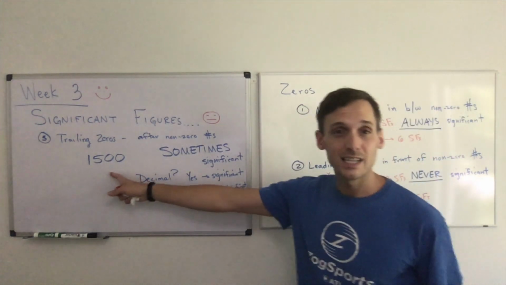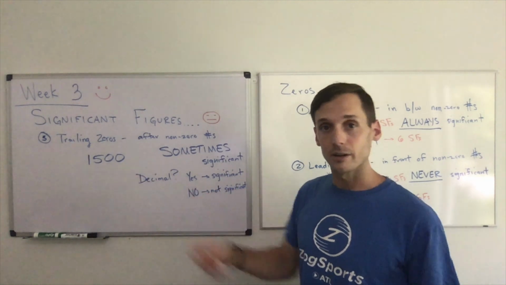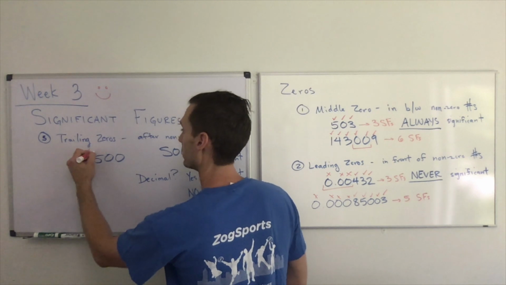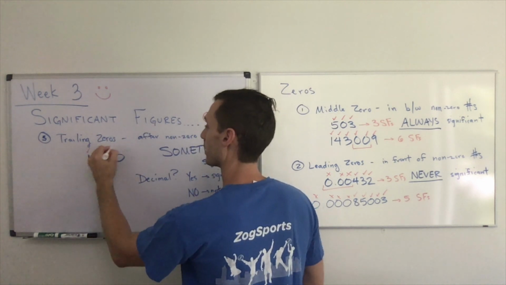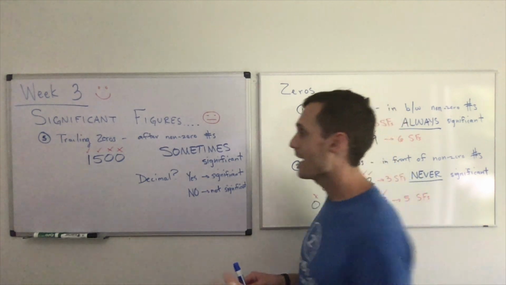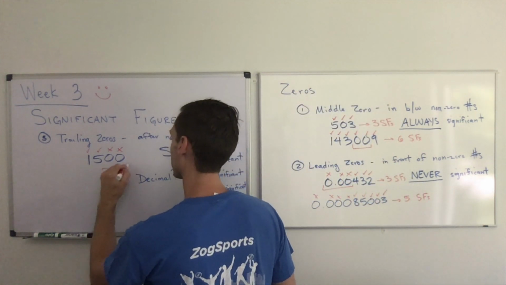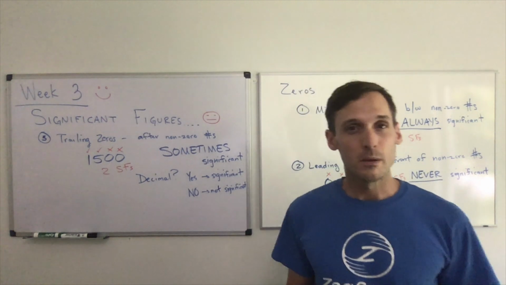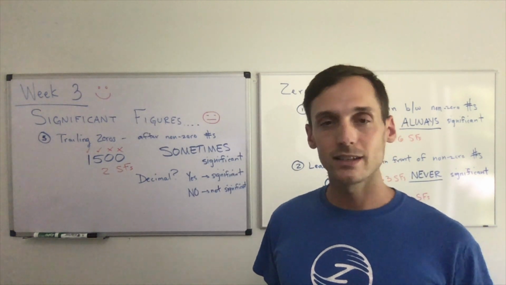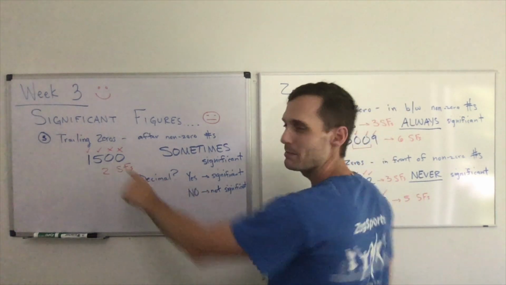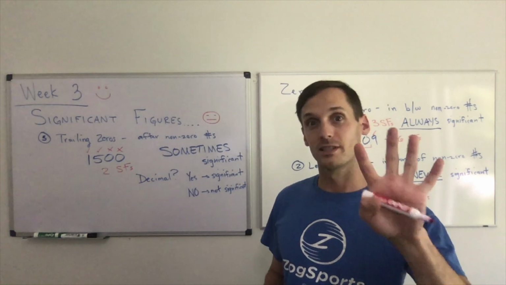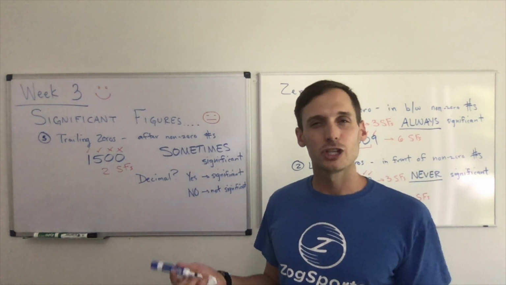Okay, so 1500, as we have it written here, would have 1, 2, but not those zeros significant, so we would only have 2 sig figs. But can you think, if a decimal makes a trailing zero significant, how could we make the number 1500 have 4 sig figs, but not change the number?